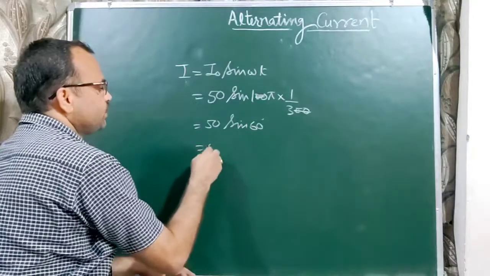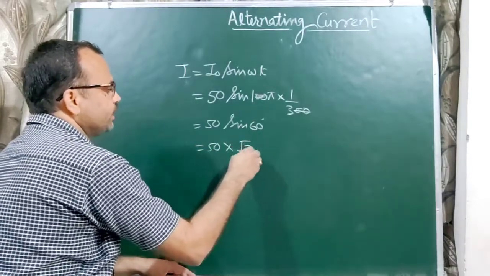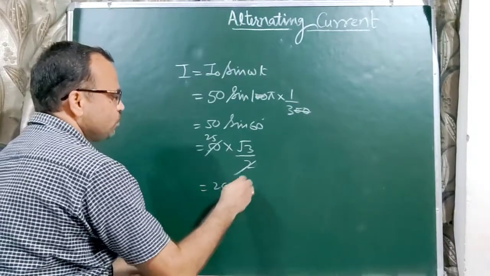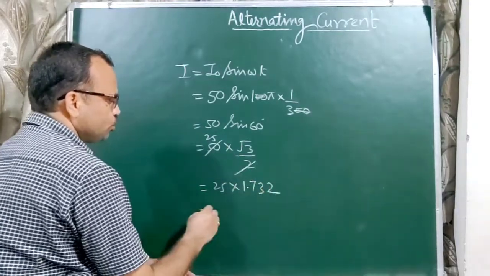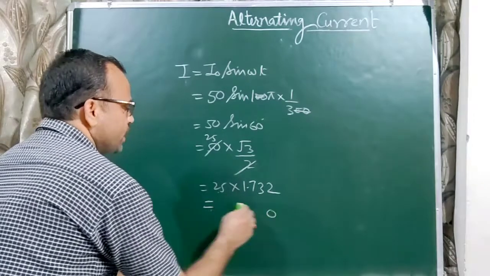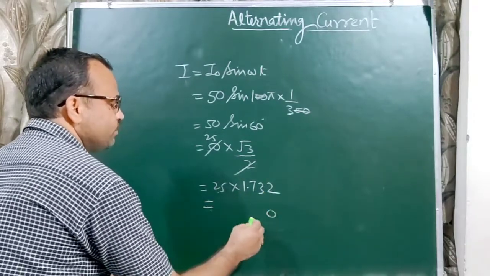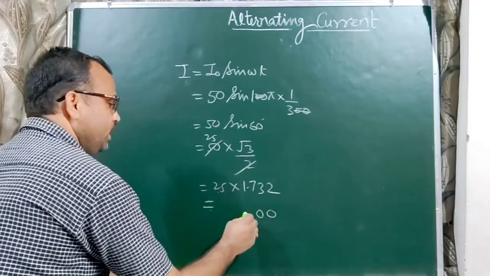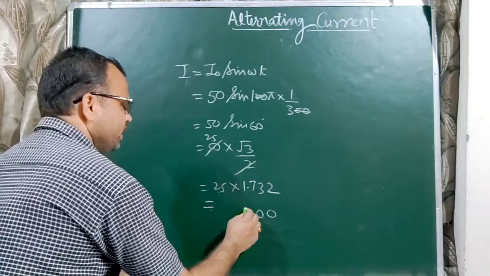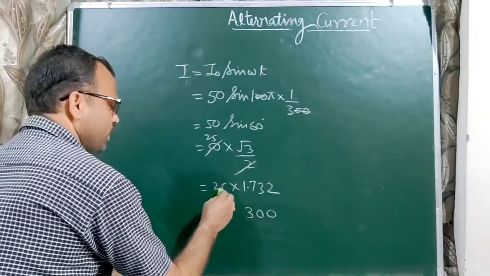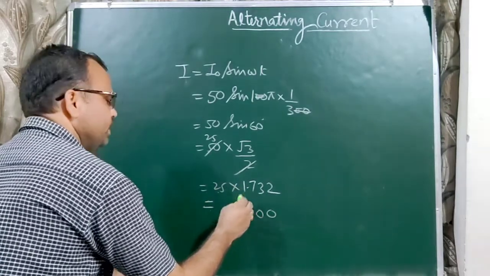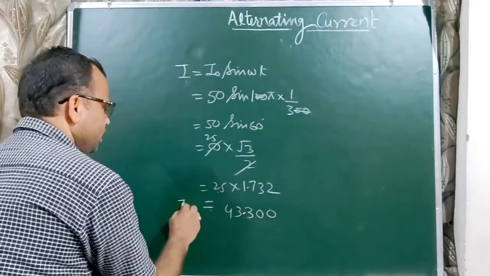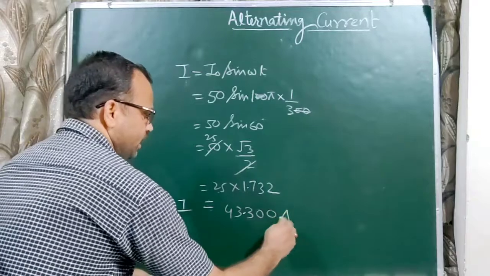Okay, so 50, the value of sin 60 is root 3 by 2. 2 cancel, 25 into 1.732. So I equal to 43.3 ampere.